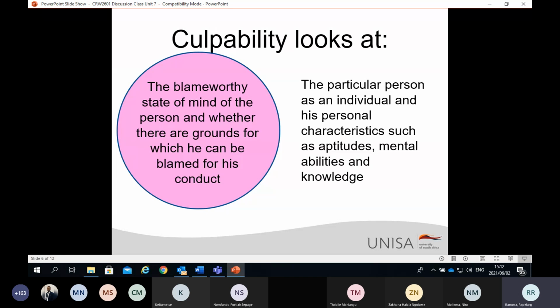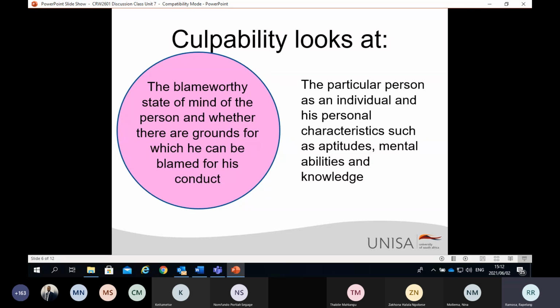So far, we have focused on objectively assessing whether the act complies with the requirements of liability and whether that act is unlawful, meaning there's no ground of justification to exclude that person from the conduct being unlawful. Having done that, we are now asking ourselves, did X commit the unlawful act with a blameworthy state of mind? And that is where the concept of culpability comes in.